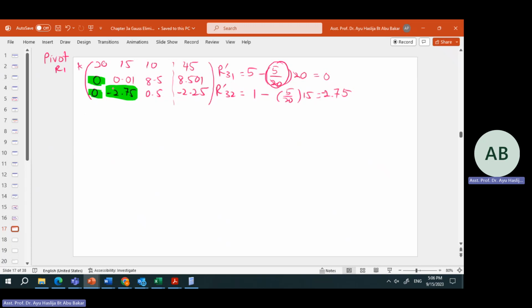So to zero the x2 over here, negative 2.75, we must pivot row 2, because we want to eliminate x2, so we pivot row 2.